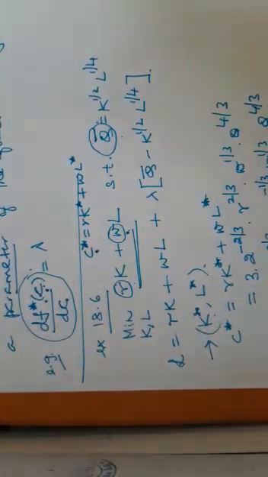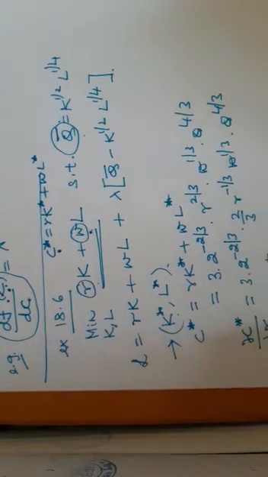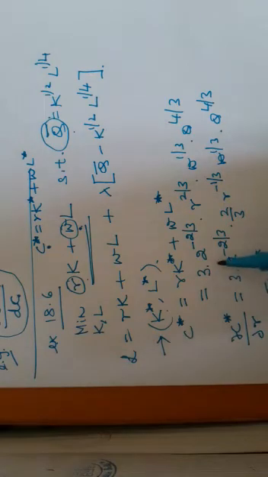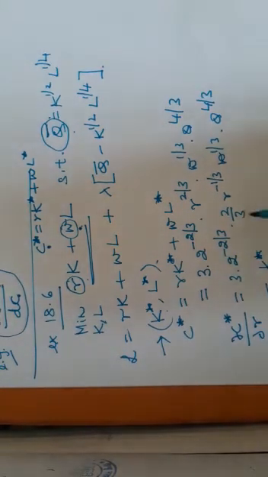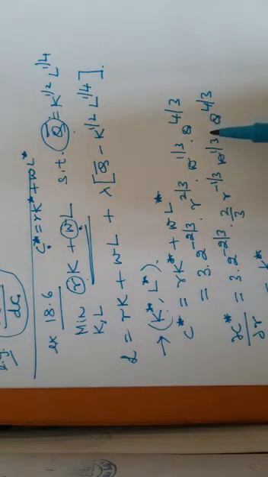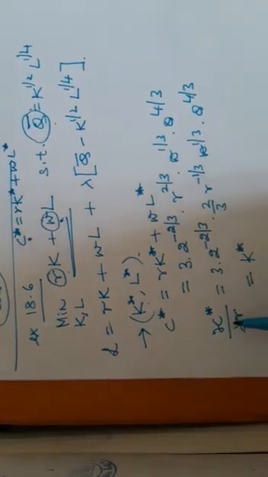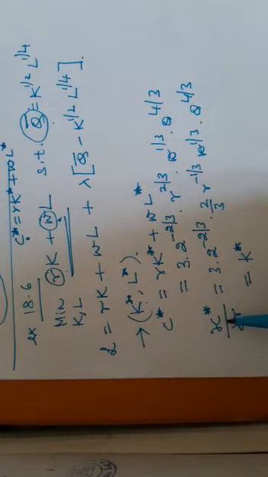And once you substitute these values into the optimal value function, which is C star, you would have got 3 times 2 to the power minus 2/3, R to the power 2/3, W to the power 1/3, Q to the power 4/3. Now the question asked you to calculate the derivative of this optimal value function with respect to the parameter R.